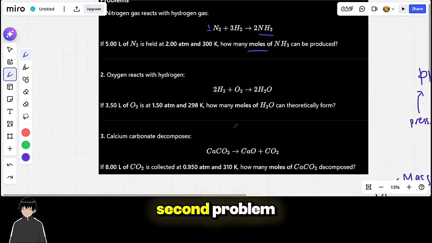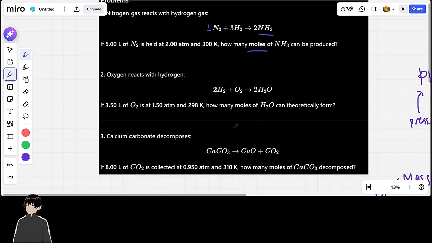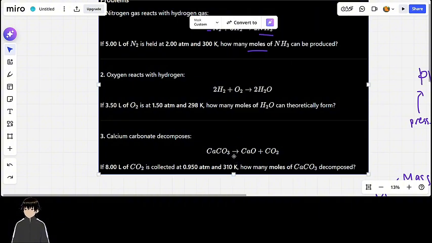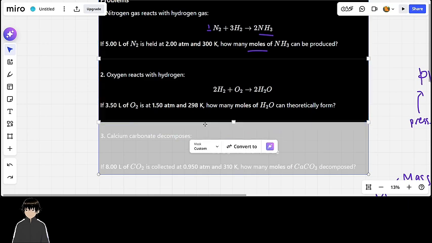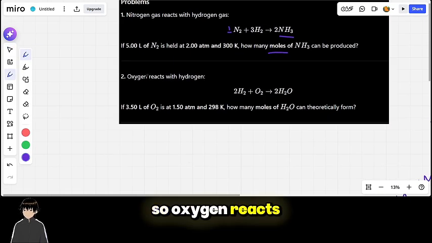Okay, so let's try the second problem, and we'll stop on that. Oxygen reacts with hydrogen.